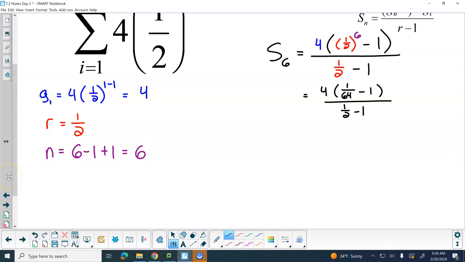If I'm going to add and subtract fractions, what do I have to have? Common denominators.